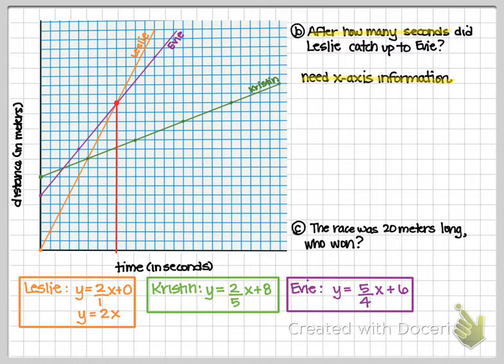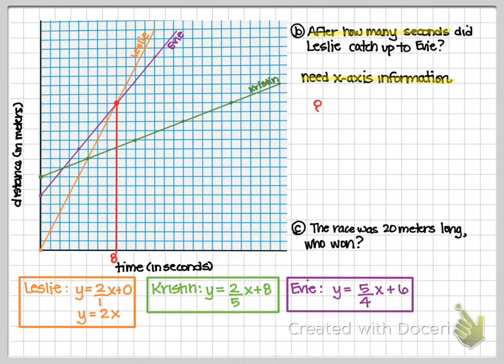Counting from the origin, the blue boxes: 1, 2, 3, 4, 5, 6, 7, 8. So I would say that they are at the same location at 8 seconds.